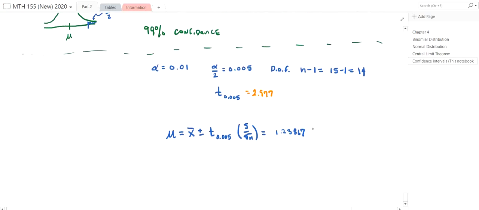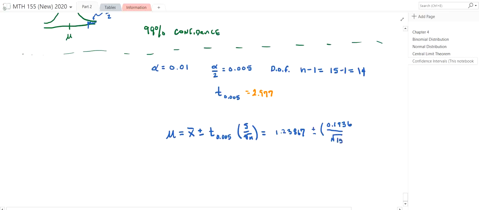Okay, this is then plus or minus. You'll have to scroll up on your own here. Our standard deviation was 0.1936, and we divide that by square root of n, where n here was 15.